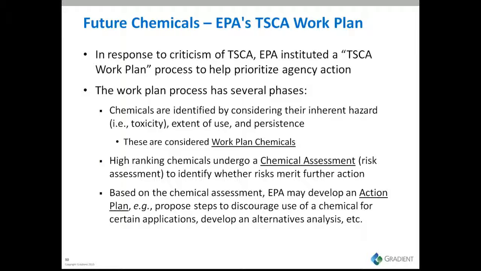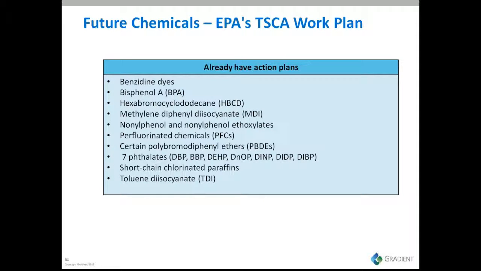And then finally, if the answer is yes, then EPA develops an action plan, which is a way of proposing steps to discourage the use of the chemical in certain applications. For example, by regulatory limits, or maybe by developing an alternative analysis and suggesting alternative chemicals. So we have the three-stage process. You identify the chemicals, you assess them, and then you develop an action plan. And I basically just wanted to mention that a limited number of chemicals already have action plans.